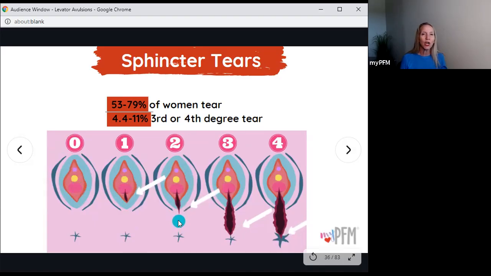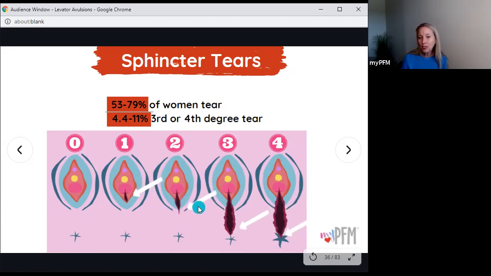But once you start to tear any of the external anal sphincter muscles, that should automatically be categorized as a grade 3, going into the external anal sphincter muscles, and then grade 4 is going into the rectum and into the internal anal sphincter muscles.